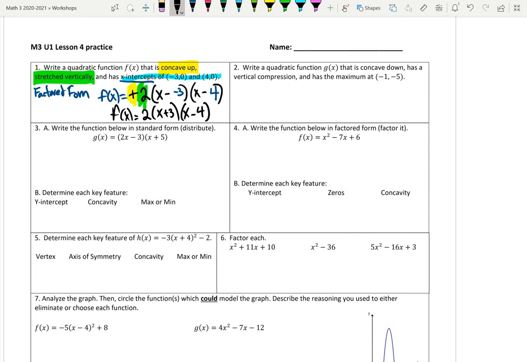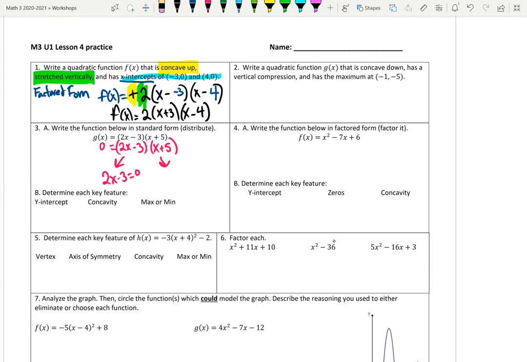Okay, this next one. Write the function below in standard form. It is currently in factored form. Factored form is very good to identify the zeros, as we've seen above. In the past we've gone 0 is equal to (2x minus 3)(x plus 5), and then you would have your two equations, 2x minus 3 equals 0 and x plus 5 equals 0, and solve both of those to get the x-intercepts.